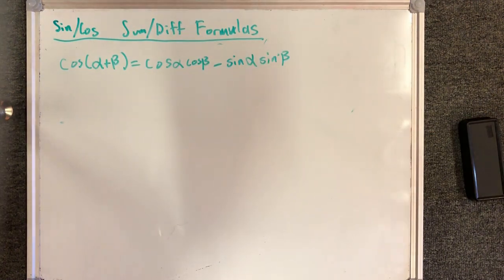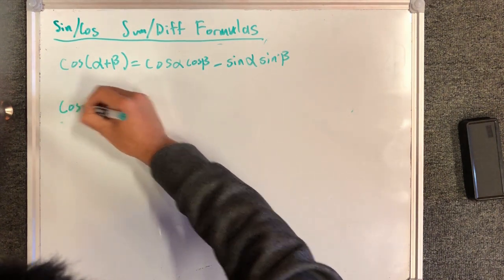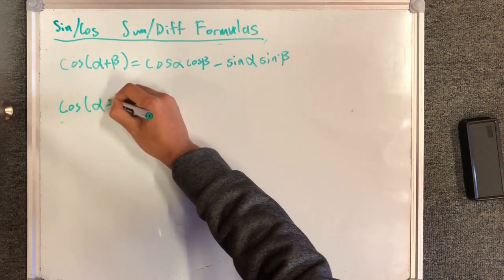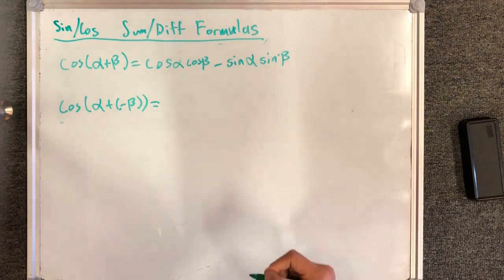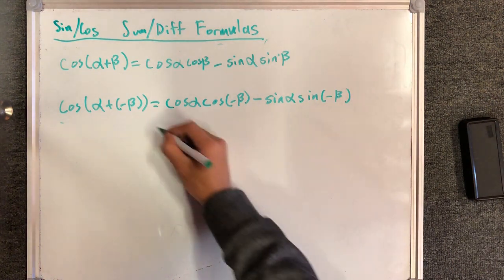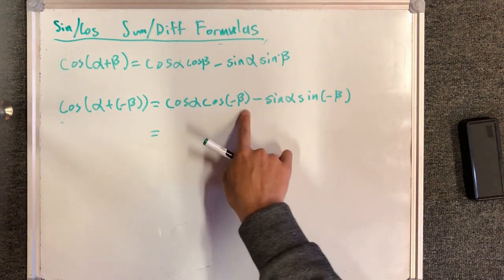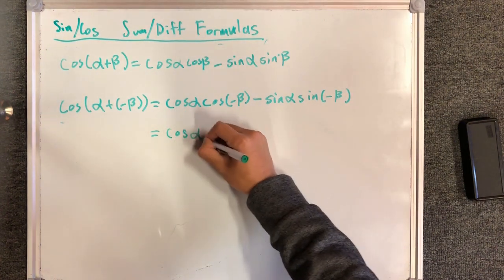To get the difference of angles formula for cosine, instead of having this as cosine of alpha plus beta, I'll have alpha plus negative beta. Replacing everything in the equation, we get this equation right here. And so, if I look at this, cosine of negative beta will be cosine of beta because cosine is an even function.